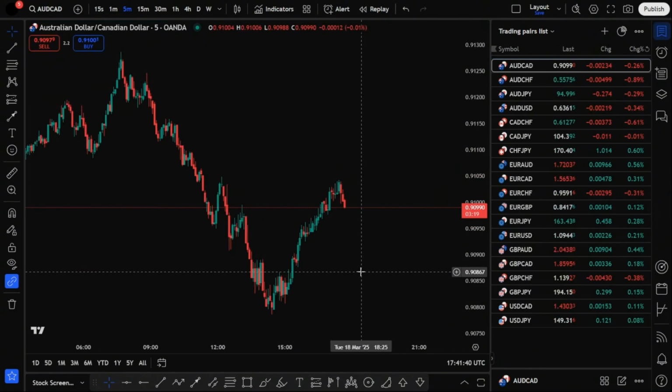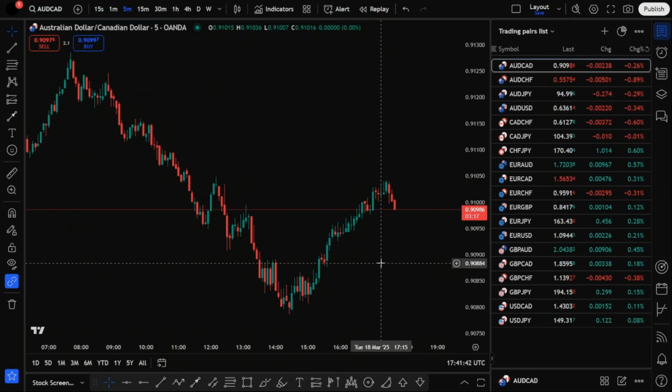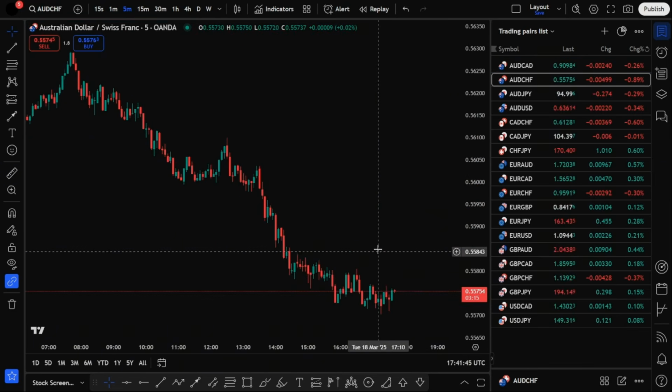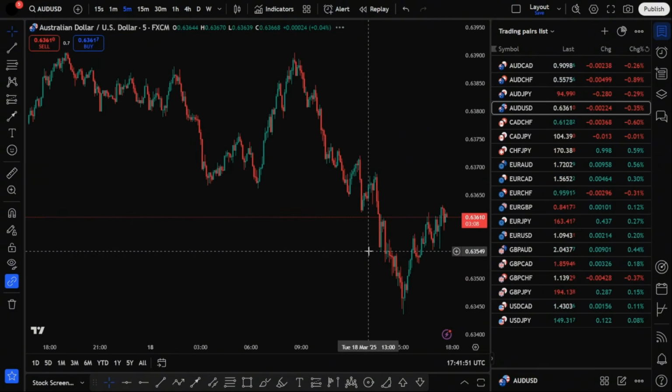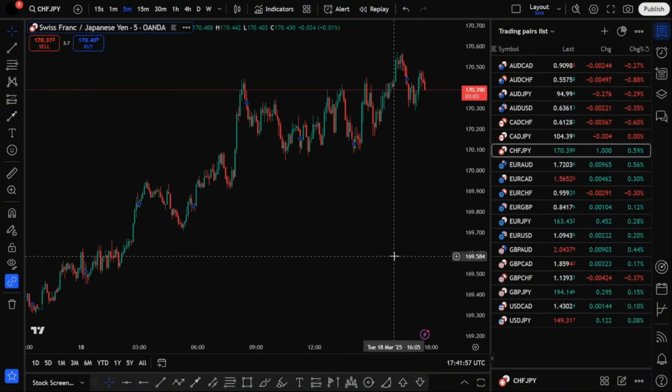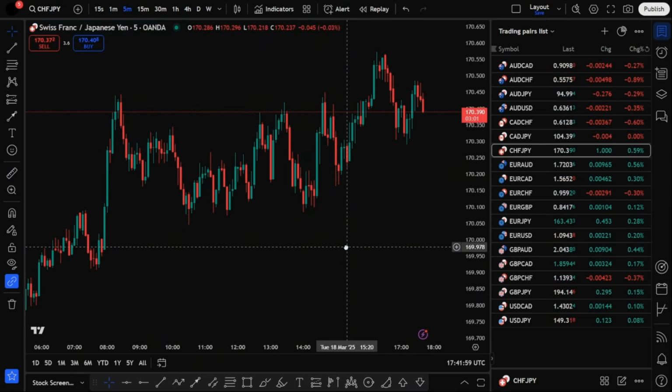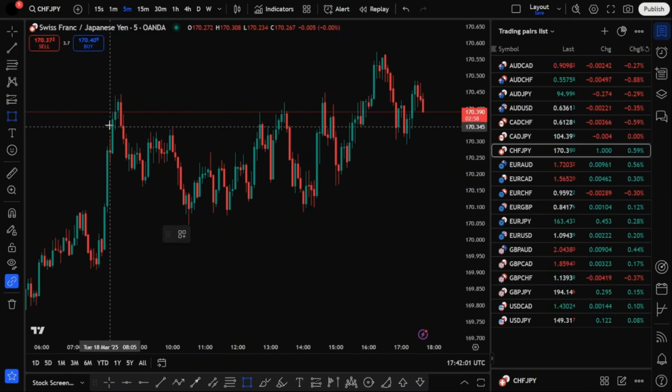What do we have here? First pair, Australian dollar, Canadian dollar. Nothing interesting. Moving on. Now this is interesting. A clear resistance level at the top.